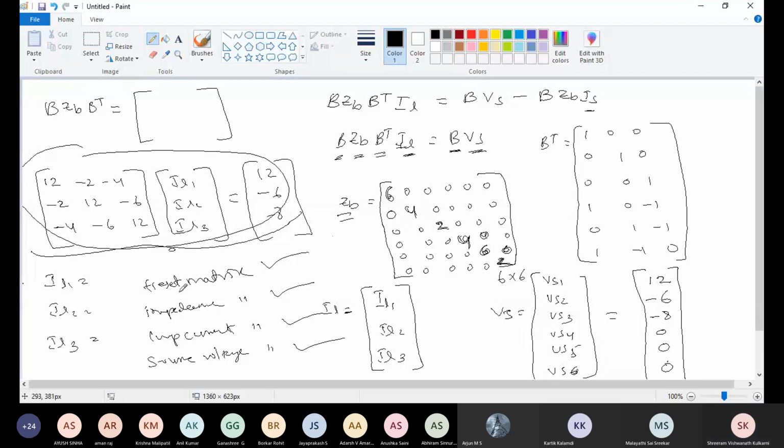If you set the impedance, loop current and source voltage matrices, then we'll reach up to this point. Then simply we can calculate IL1, IL2, IL3.